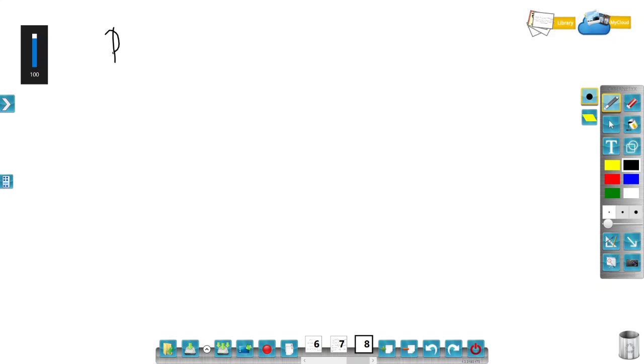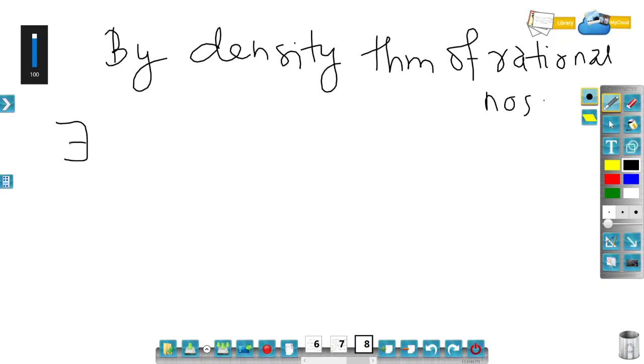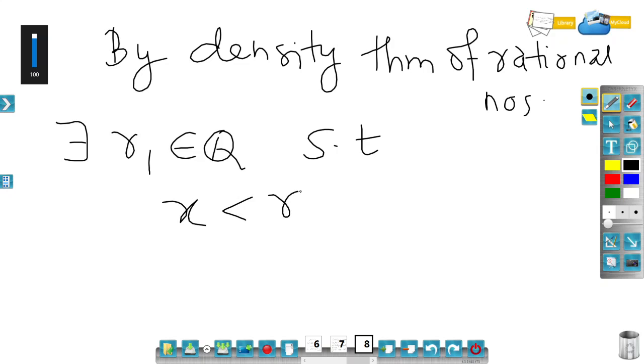So by the density theorem of rational numbers, there exists R1 belonging to the rationals such that R1 lies between x and y.